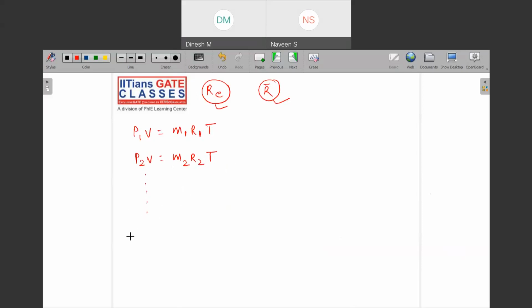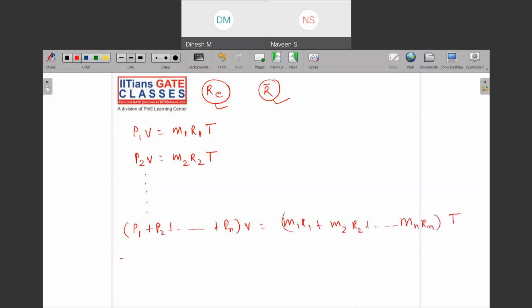So again, you take the sum of all these equations. Can I write P1 plus P2 plus Pn into V is equal to M1 R1 plus M2 R2 plus M3 R3 till Mn Rn multiplied by temperature T?